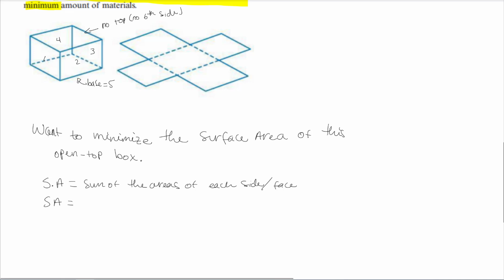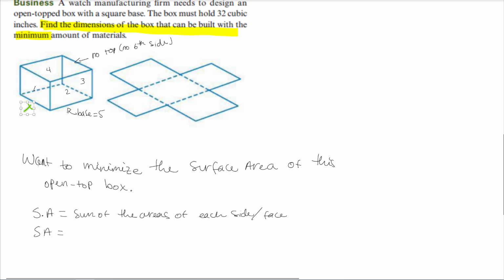We don't know, so let's give them some variables. So if we call that x, we don't know what the dimensions are, right? That's what I highlighted. We want to find the dimensions of the box, so we don't know what the dimensions are. But we do know that we have a square base. So if this is x, then this is also x because it's a square. Now we don't know how tall it is.